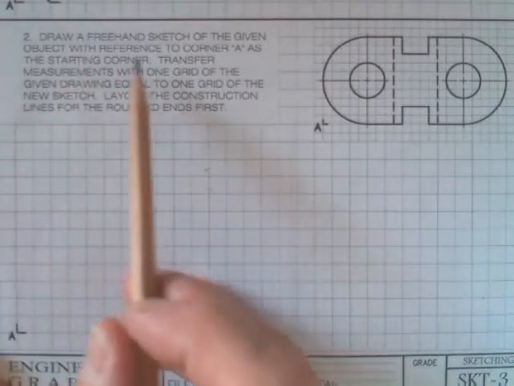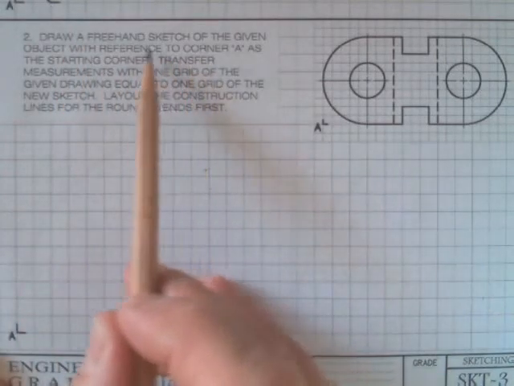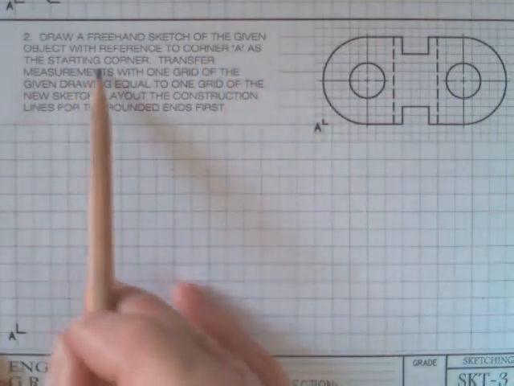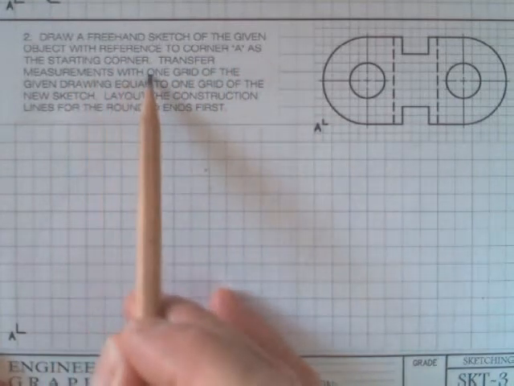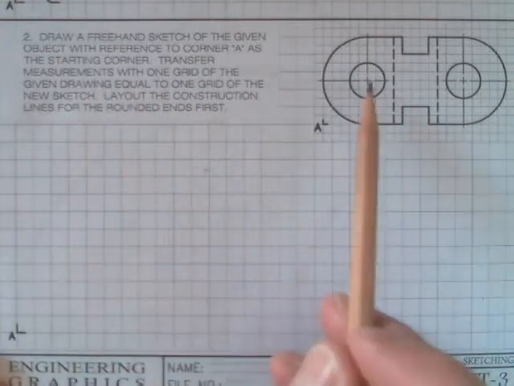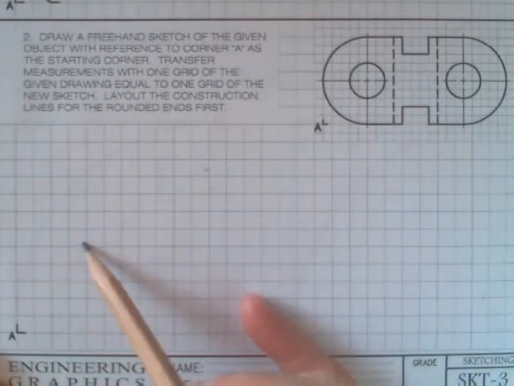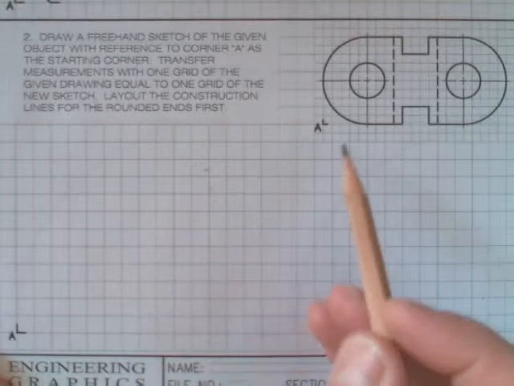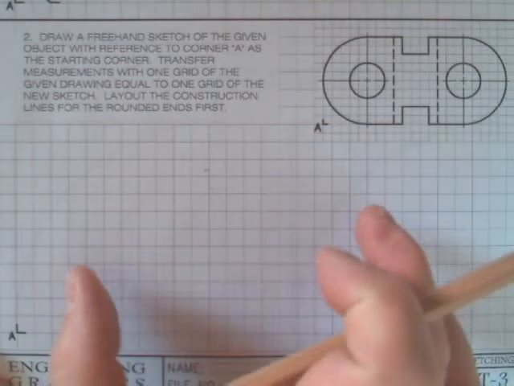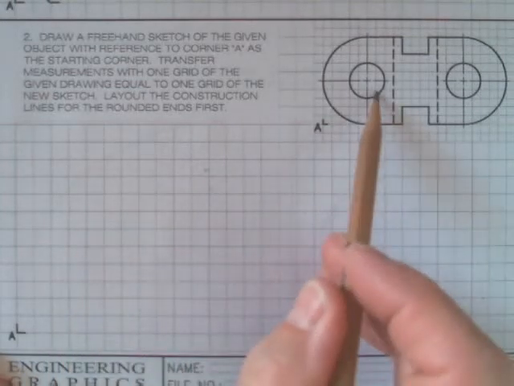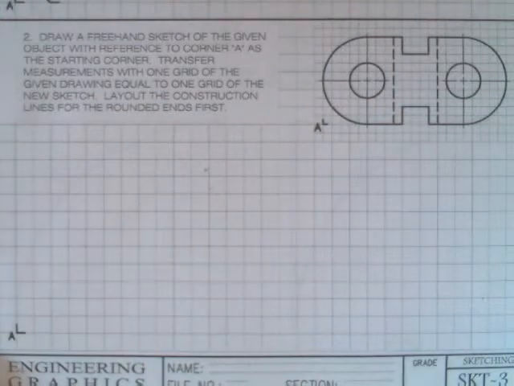And of course, reading the directions, it says refer to corner A as the starting corner, transfer the measurements with one grid of the given drawing over here equal to one grid down here. And that instantly means that my new sketch is going to be twice as large as the old sketch.